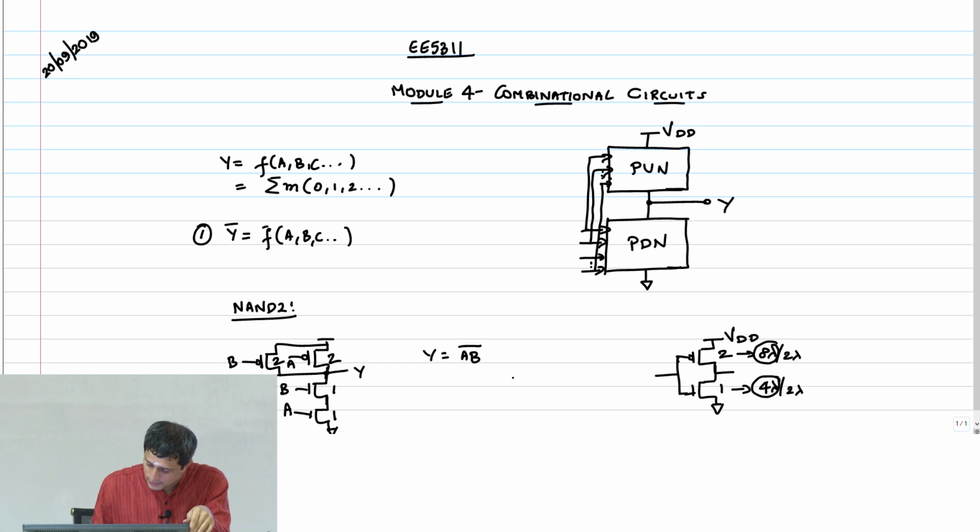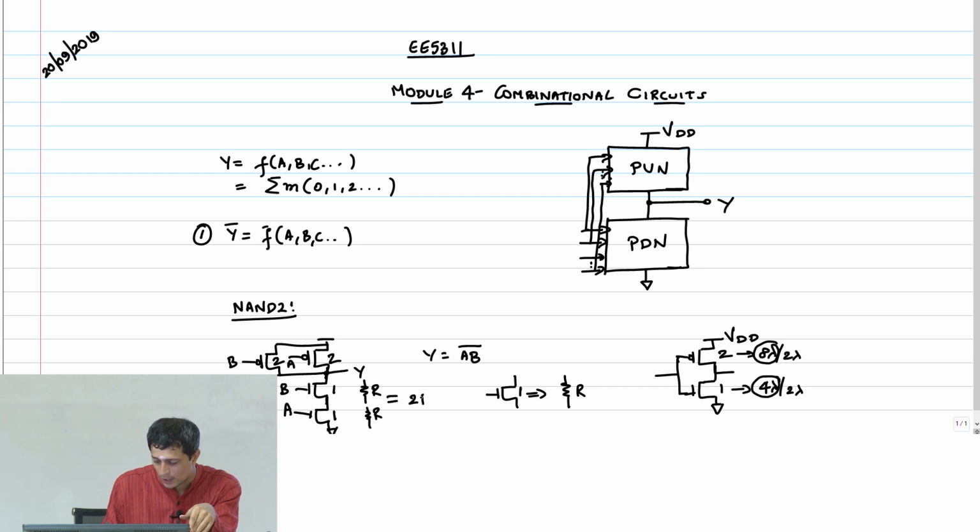But the problem is that if a unit transistor with width 1 offers a resistance of R, then a transistor of width alpha will offer a resistance of R by alpha, right. So if this unit transistor now offers a resistance R and this is also R, the net pull down resistance is 2R, right.